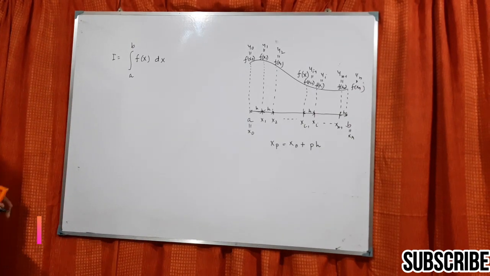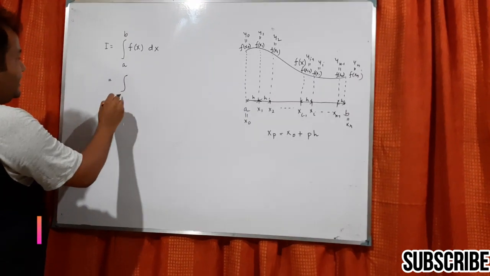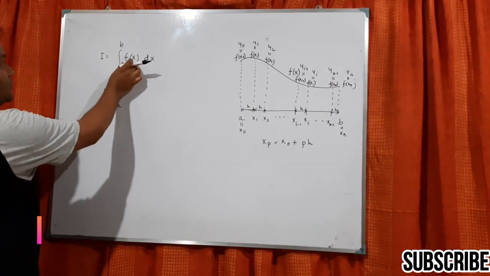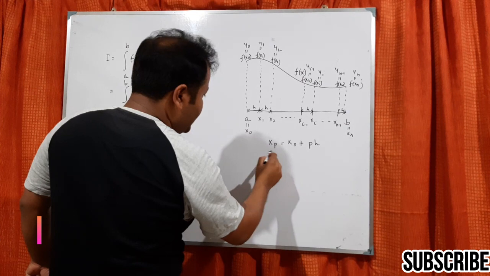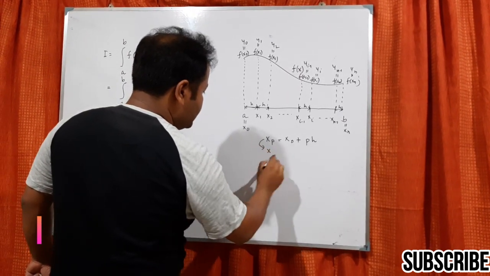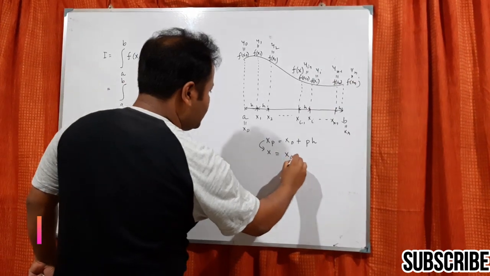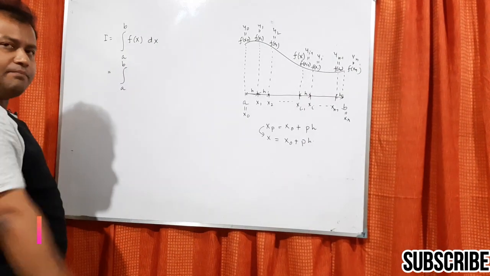Next we come back to the integration. So this one, a to b f(x). In general, if I take any point x, x can be written as x naught plus some p times h, where p may be some number.